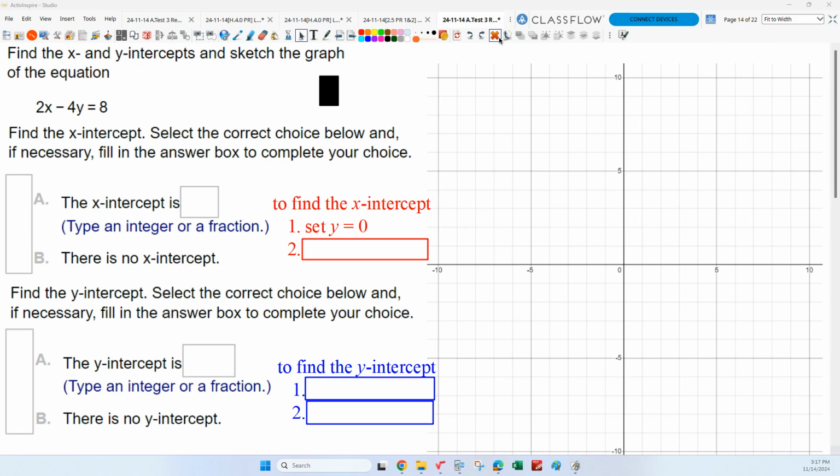When I set y equal to 0, whatever I get when I solve for x is the x-intercept. This is that cover-up trick I showed you guys, right? So if y is 0, in my original equation, what's 4 times 0? 0. So that term, I can just cover up the 4y term. It's going to go to 0. I'm left with the basic equation, 2x equals 8. Solve for x. What do you get? X equals 4. You got it, right?